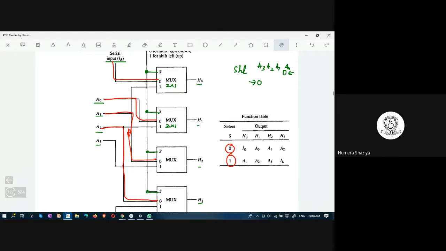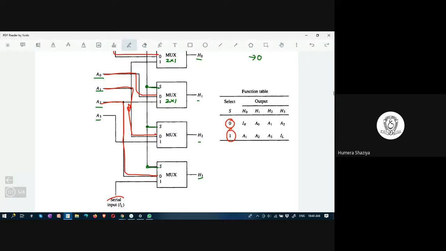When it is left shift, you are transferring at the rightmost position. For left shift you get the new value, which is 0, and for right shift you insert at the leftmost position.